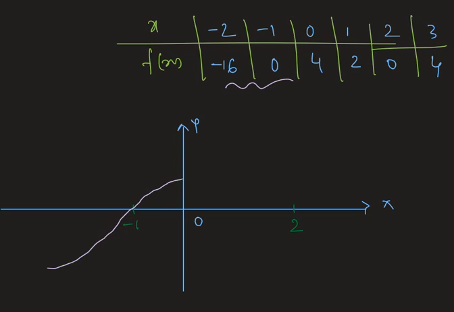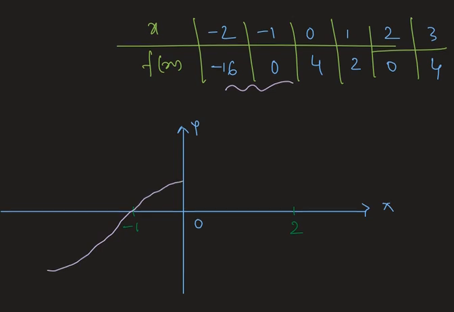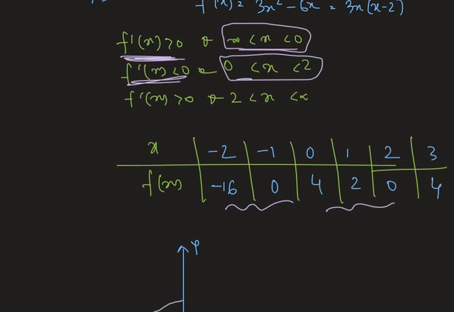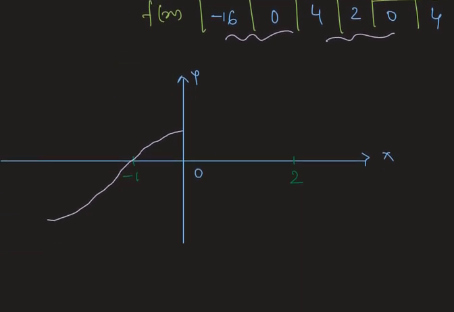Now for values strictly greater than 0 and strictly less than 2, the slope of f(x) is negative, but the values are positive. Therefore, we get a graph that looks like this.